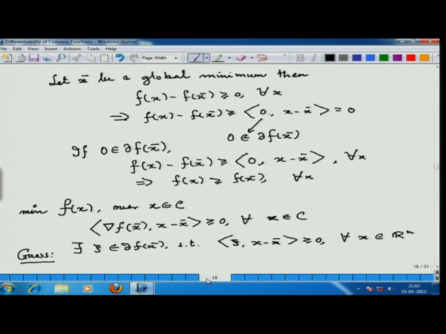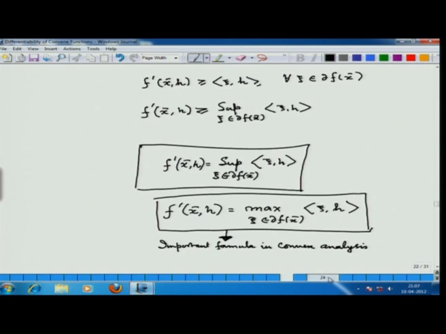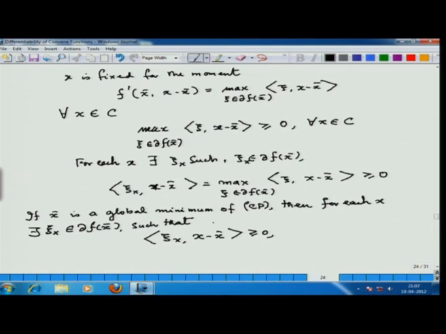Now, if you go back a little bit earlier, my formula said that there exists a xi element of this. My guess was that this will hold for all xi, for all the x's, but I seem to have got something slightly different. What is that difference? That for every x my xi x changes. Okay, there is no harm, I have perfectly deduced it.